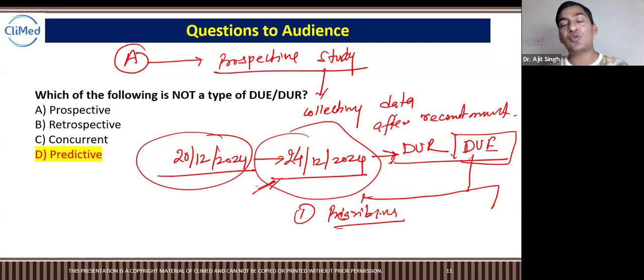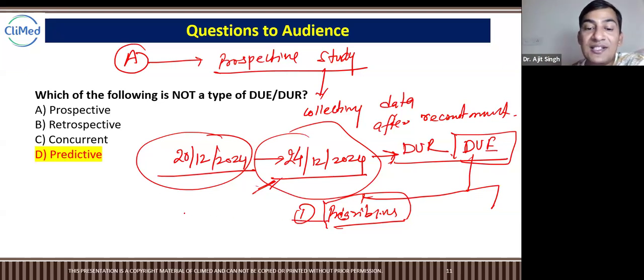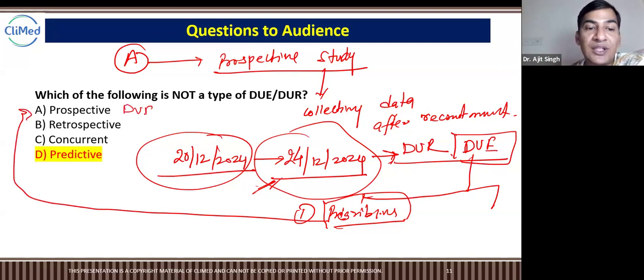The doctor came into the ward and prescribed the medication, and you are evaluating the prescription before it goes to the pharmacist, before dispensing of the medication. What is this called? This is called prospective DUE.